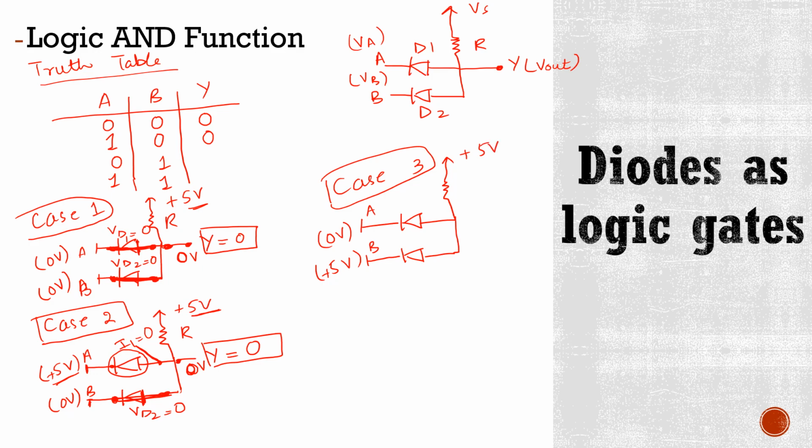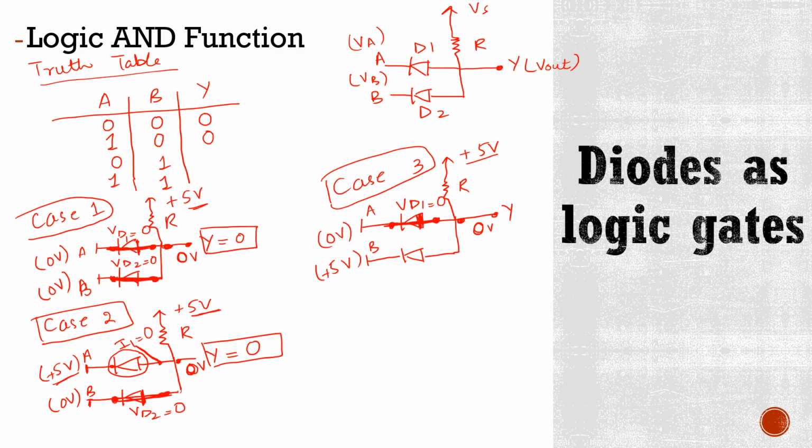Source is plus 5 volts, this is R and this is Y. Now look at this diode 1. Here again this anode is connected to the positive terminal of this battery. It means this diode is conducting, it is in forward biased region, so this circuit is short. Here the value of voltage is 0. It means this point is maintained at 0 volts.